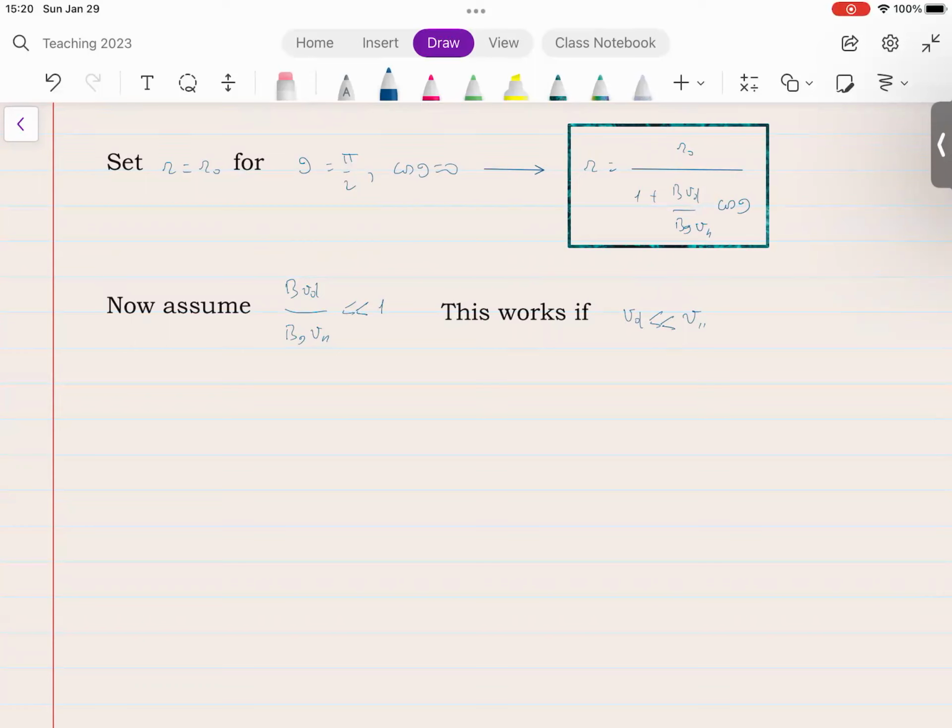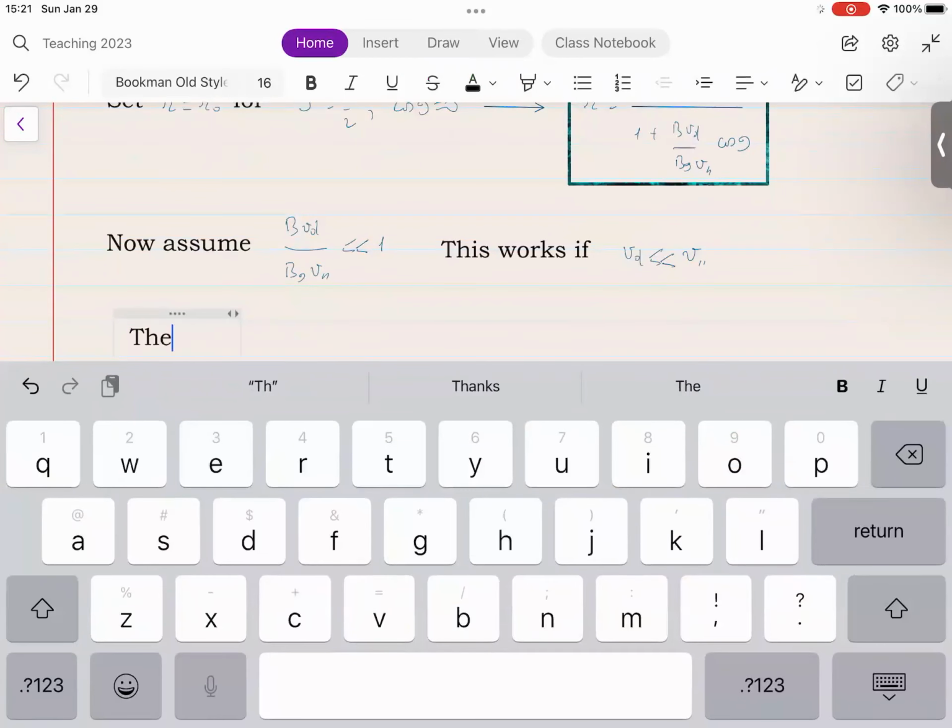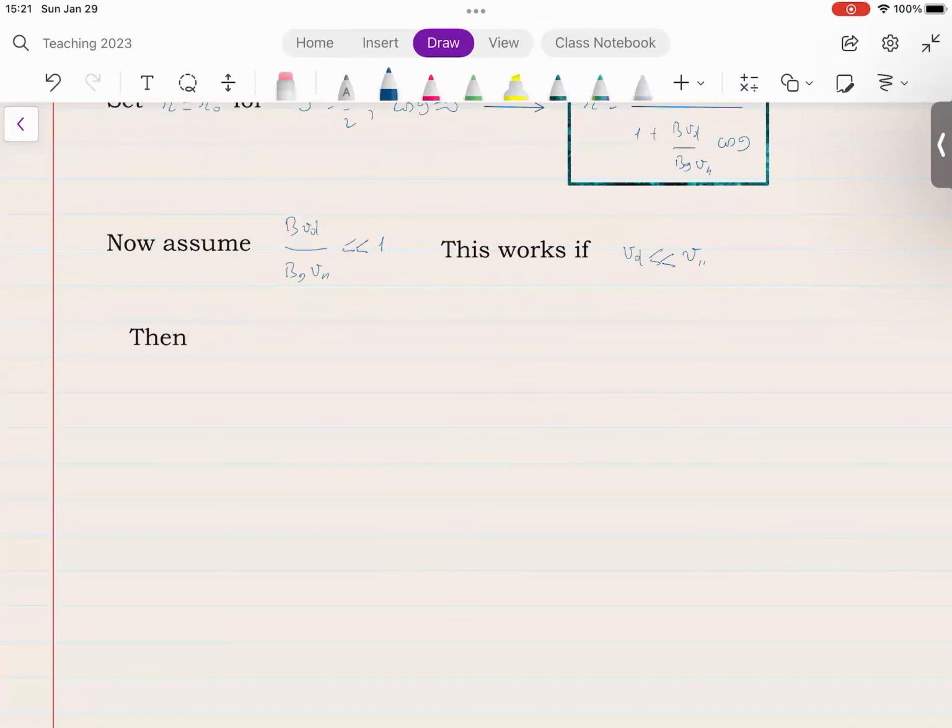Well, if I make that assumption, then I can Taylor expand the denominator in this expression up here. And that Taylor expansion allows me to write the final expression I want to get to for the trajectory R as a function of theta, which is going to be approximately equal to R naught plus delta cosine theta, or rather, considering how we're defining the sign, let me put a minus sign here so I can define delta to be positive.